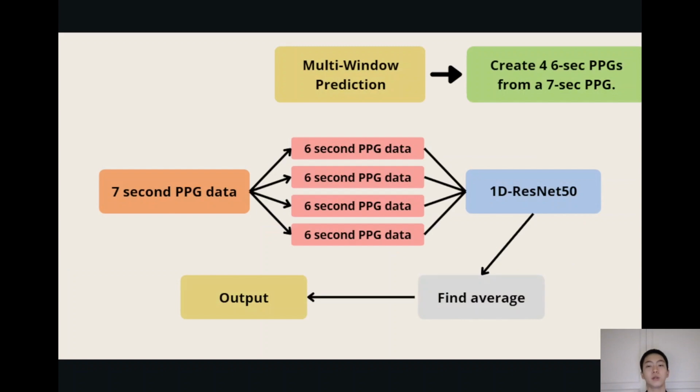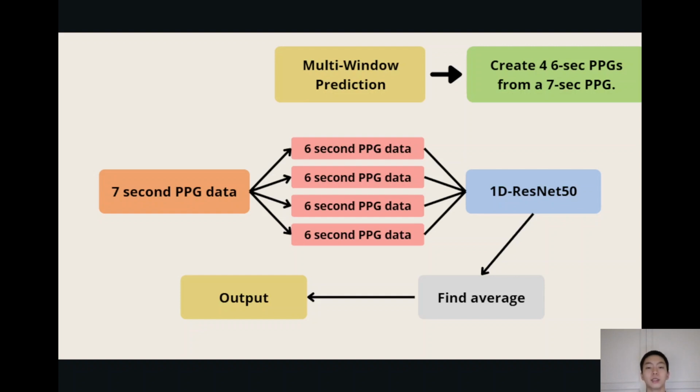To use the multi-window prediction approach, we need several data points associated with the same time duration. However, the 7-second PPG signals with matching time duration were not available. To overcome this, we came up with the idea of using the available data to implement the multi-window prediction approach, which involves creating four 6-second PPG signal segments from one 7-second PPG signal.